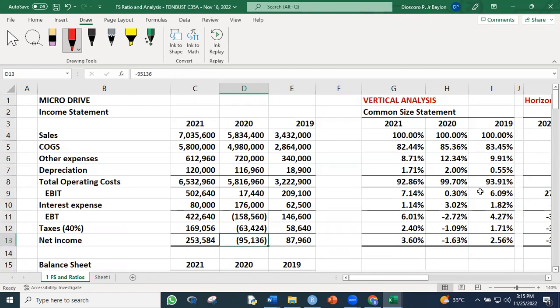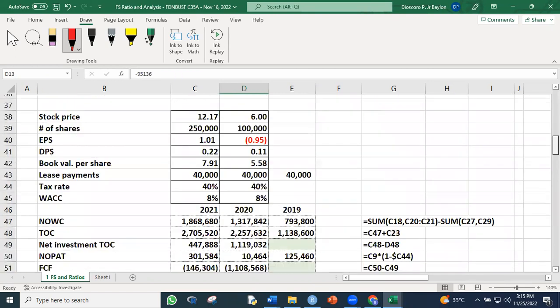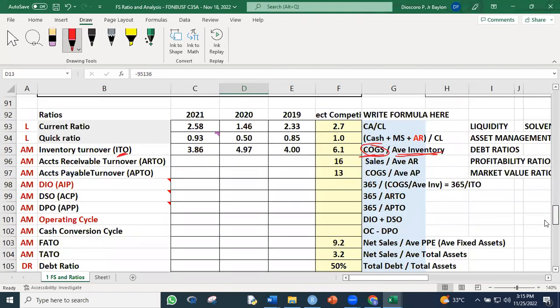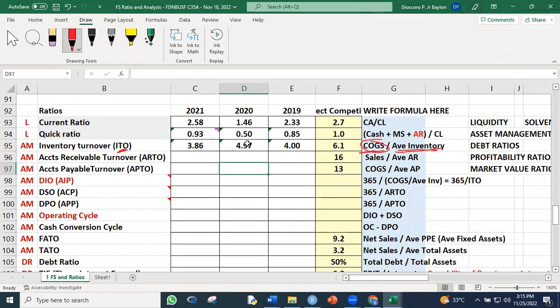They had a net loss of 95,136. And so there are so many things we can look into. If you're with the company, you have to really dig deeper. Why is it that the company was able to turn its inventory around faster than 2021, in fact faster than 2019, and yet it was suffering losses? That's one thing that finance or the other part of management should look into.